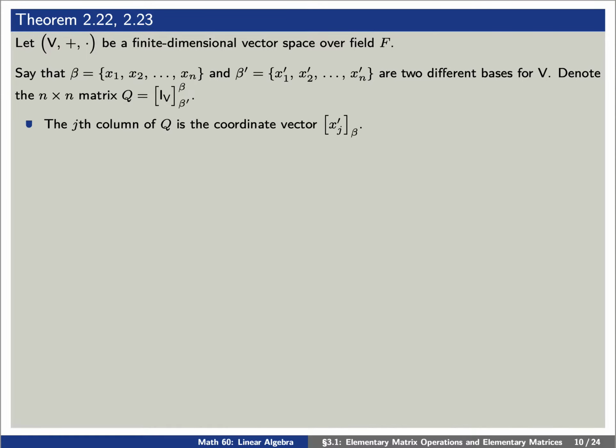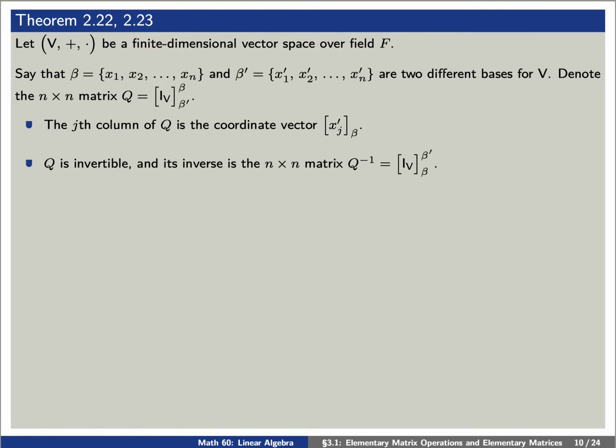The jth column of this matrix Q is just the coordinate vector with respect to beta of the jth vector xj prime from the new basis beta prime. This matrix Q is invertible, and its inverse is the n by n matrix that we find by considering the matrix representation of the identity map going from beta to beta prime.